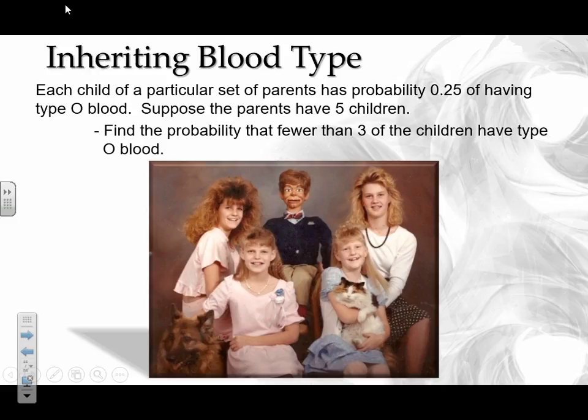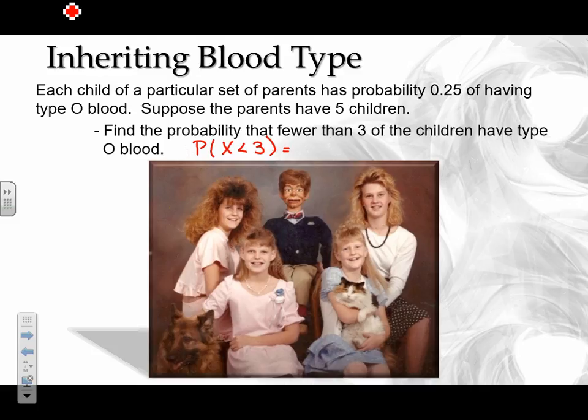So in this case, since we're looking for a range of successes, we would say what's the probability that x is less than 3, which means instead of PDF, this time we'd want to choose CDF. So one thing to note here, when you're using CDF on your calculator, that always tells you less than.